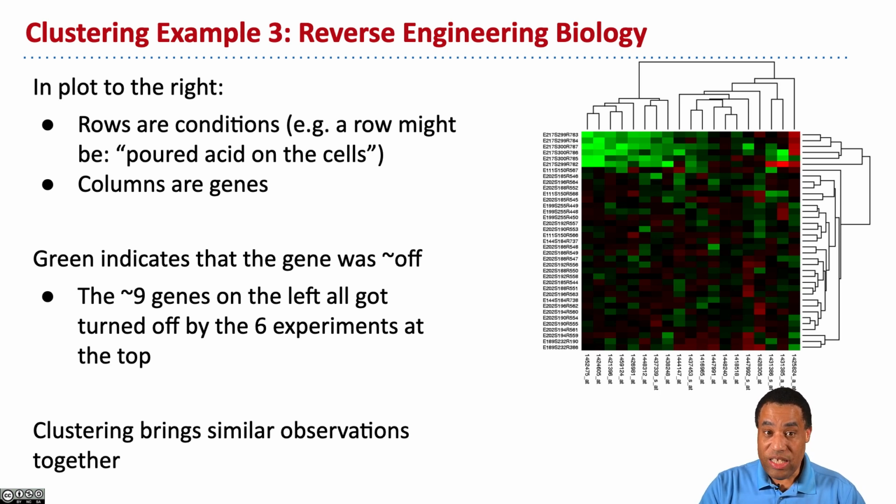In the upper left, we have 9 genes that for the first 6 experiments were all turned off. Based on what those genes are, and understanding systems biology and the pathways and what those 6 experiments were, we might be able to learn something, or confirm a hypothesis we had about how these cells operated or responded to the environment.